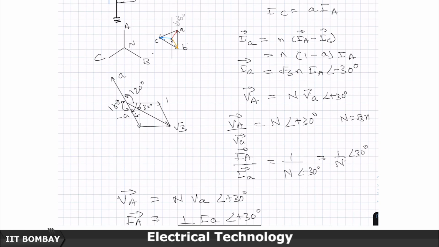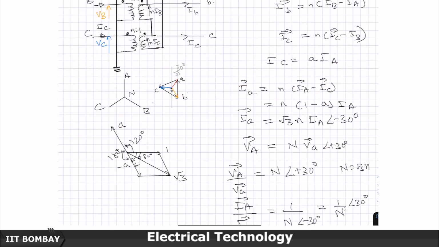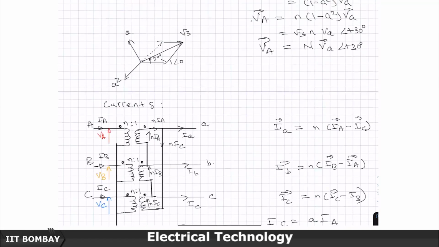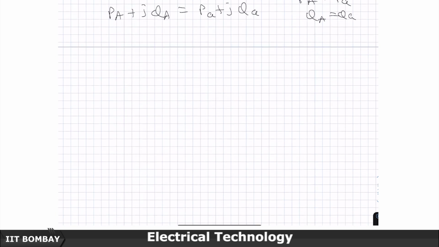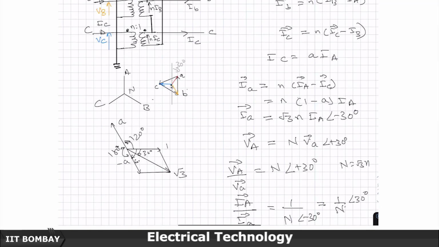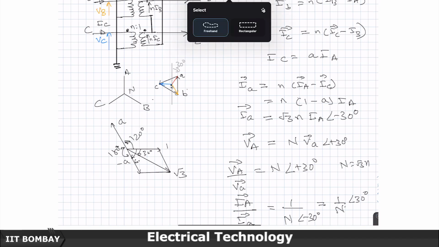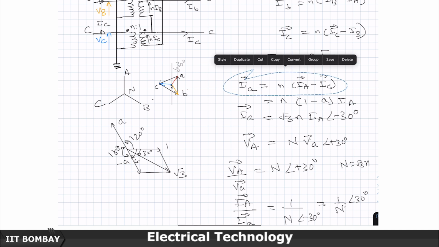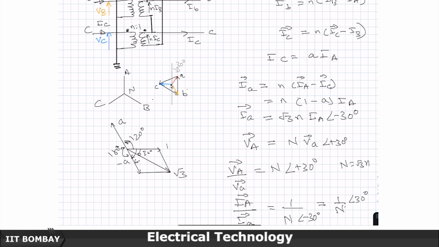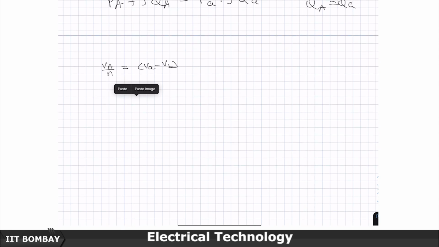To just summarize the two equations before moving to the next connection. So one equation in this case was, copy this, paste here, and copy this, paste here.